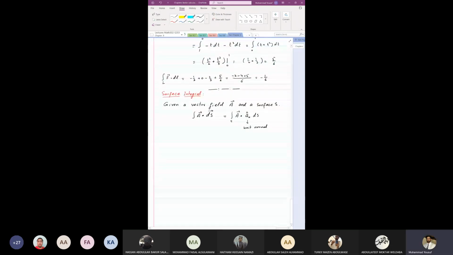Okay, let me ask you, you are engineers. You have some surface and a vector field is passing through that surface. What is this quantity called, a vector field passing through some surface or unit area?